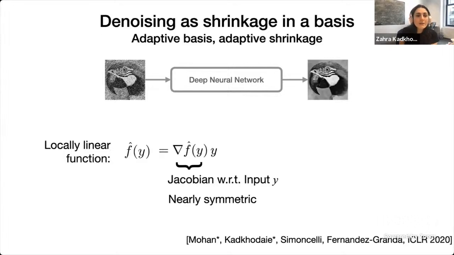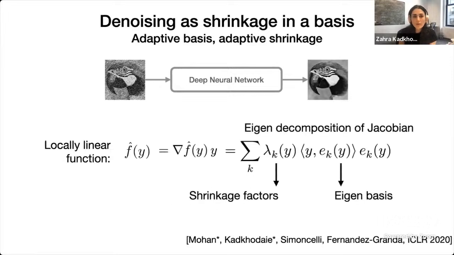So for any given input, we can rewrite it as the Jacobian with respect to the input times the input. And we have shown in previous work that this Jacobian is nearly symmetric. So we can rewrite it in terms of the eigendecomposition of the Jacobian. So this is how the shrinkage in a basis works.